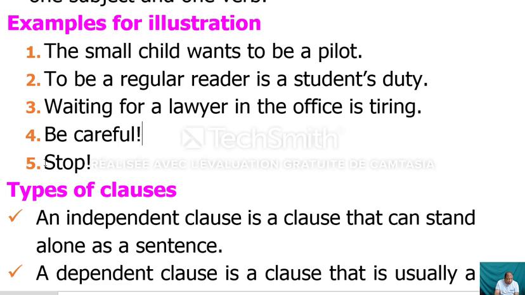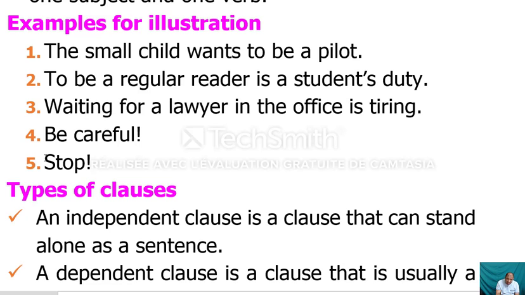But number five, we have just the verb. Stop. So this is a sentence. We can call it a clause. And this clause is made up of what? Of an implicit subject, which is understood because this is the imperative, and we have just the verb.